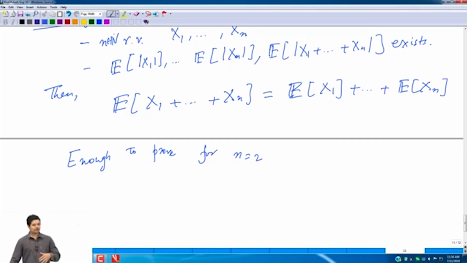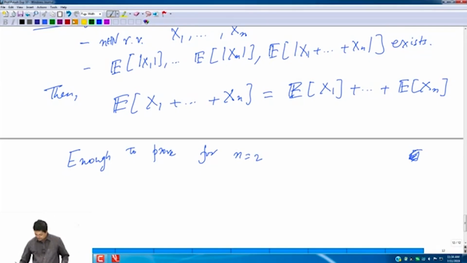And you see why? Because you can apply it many times, n minus 2 times, and then you will get this result. And to prove this for n equal to 2, you just use the definition of expectation. Just write those definitions and play with these summations and it will come out. Okay, so I am leaving the proof to you.